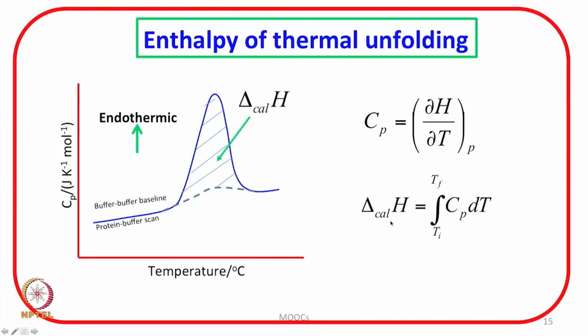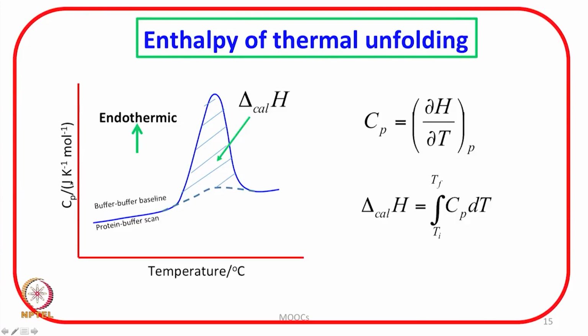What we have is this kind of transition curve, and this is, I would say, the excess heat capacity. Why?